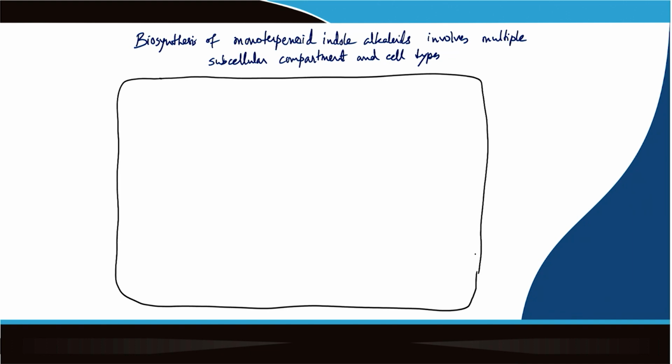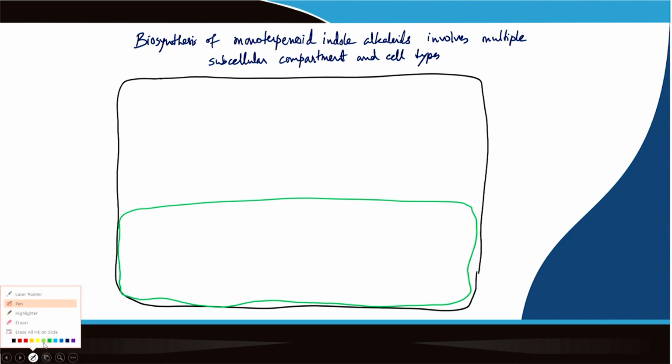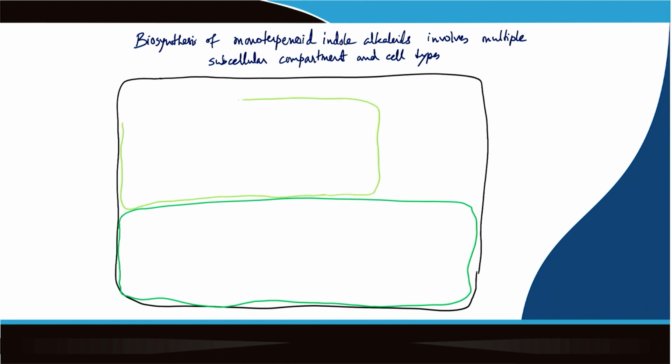So, here this one is the mesophyll cell, which I put in green color, and the other one which I put now in light green color will denote the leaf epidermal cell.